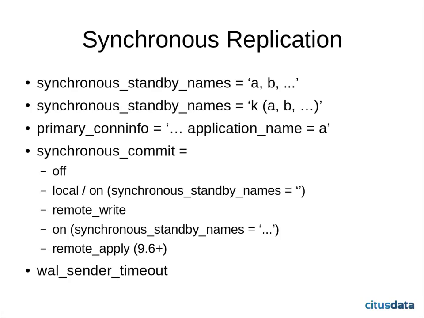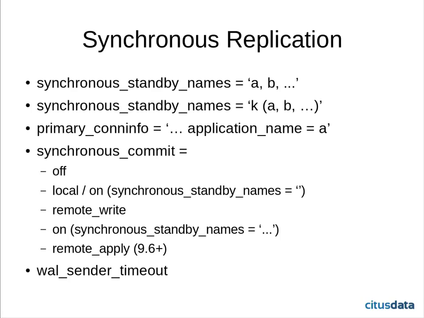If you configure it with this list, a transaction will only be returned as committed if it has been successfully written to node A. If node A is not available within some time frame, we'll mark that one as dead and go to the second one, and so on until you have none left. Your commit will not return to the client until that has succeeded.